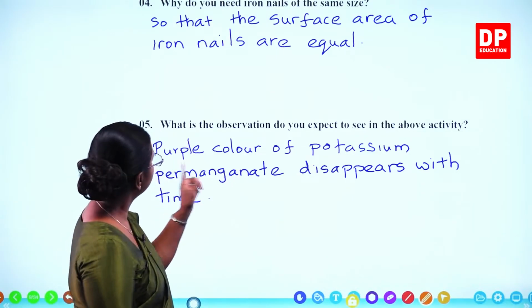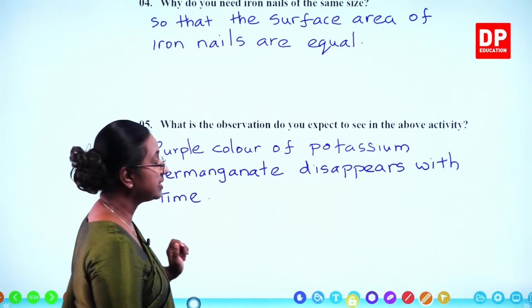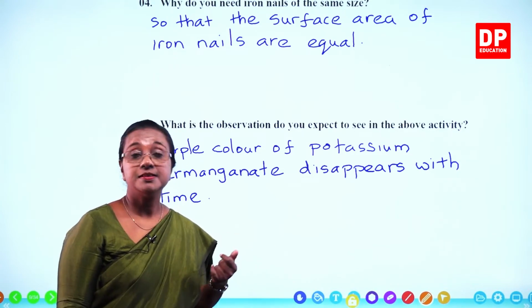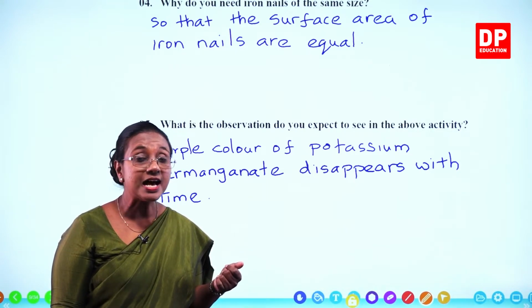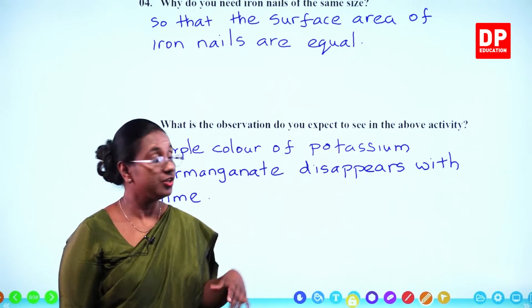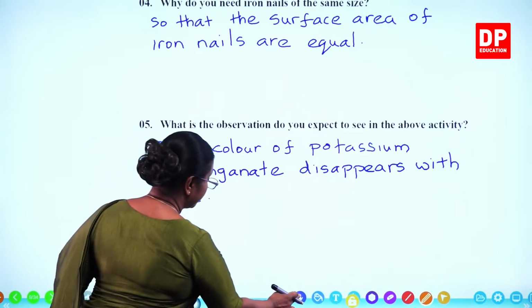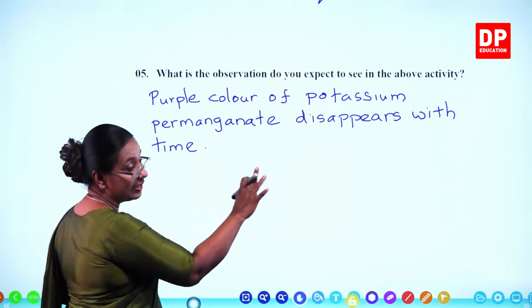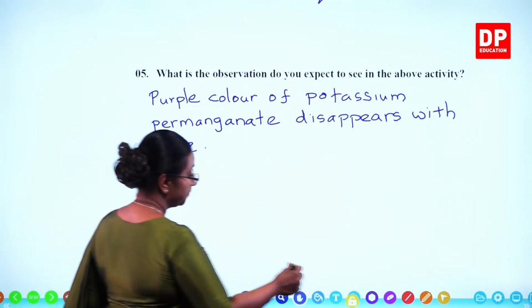So, purple color of potassium permanganate disappears with time. For the disappearance of color, what is the other term used? We can also call it decolorization. So, in the next one, I will use that term so that you become familiar with all the terms.